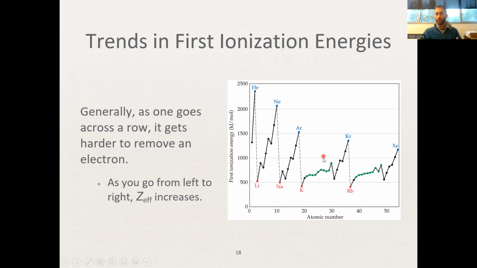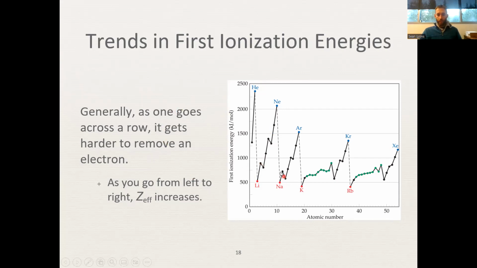It's going to be really hard, relative to the other elements, for something to remove an electron from one of these noble gases. And that's why these noble gases are, for the most part, unreactive. They don't really do anything because they're already at that most stable spot. It doesn't make sense for them to gain or lose an electron, because that's just going to make them higher in energy, and everything wants to go to low energy in the universe.